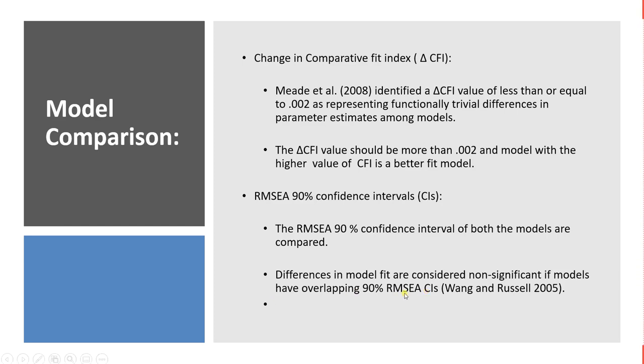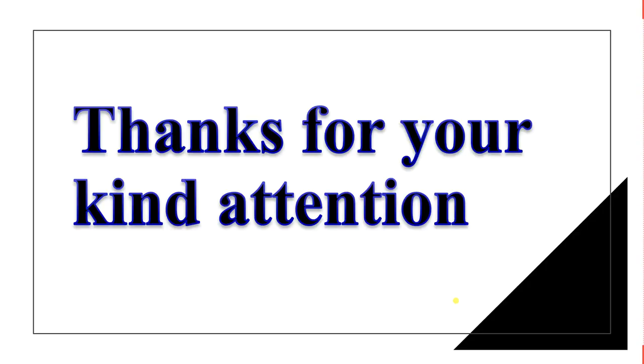Differences in model fit are considered non-significant if models have overlapping confidence intervals. So if the confidence intervals are overlapping, then the models are not different. But if there is a non-overlapping confidence interval, then we can say that the modification has resulted in a better model fit. So thank you very much.